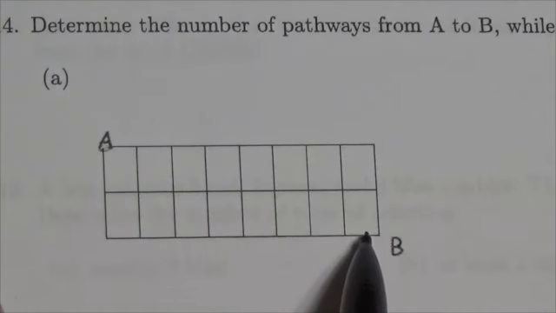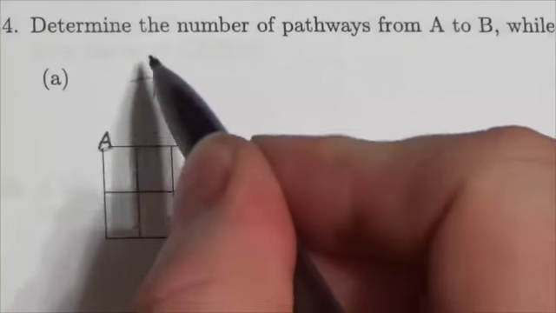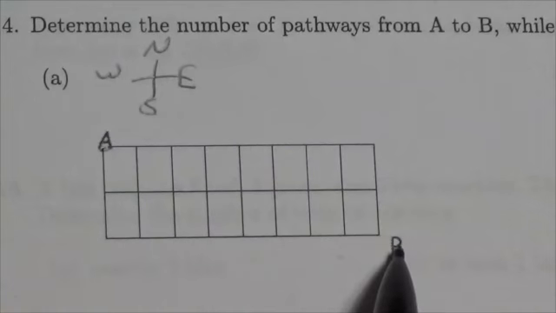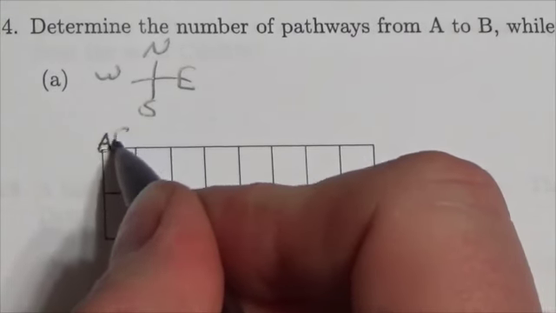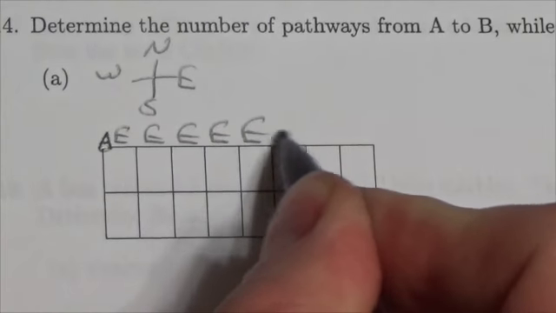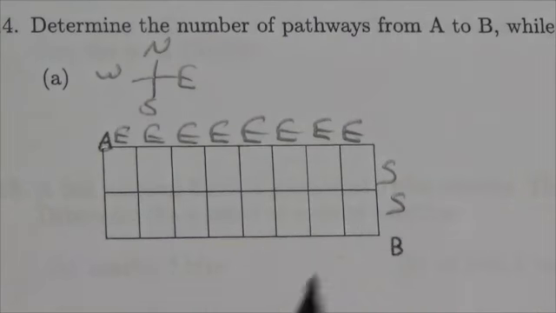So to go from A to B, if you want to think of this as north, south, east, west, any path that takes us from A to B, you've got to go east for a block, east for a block, east, east, east, east, east, and then south 2 blocks.